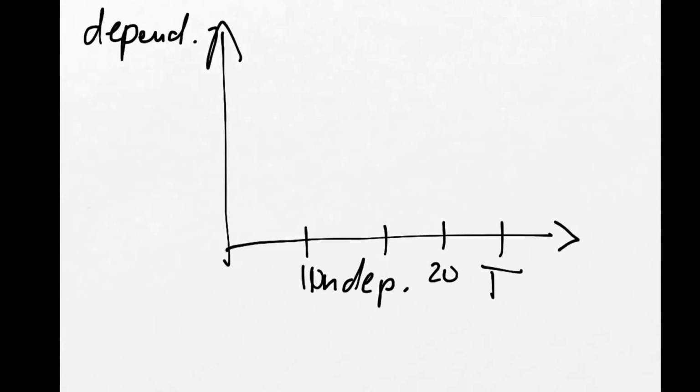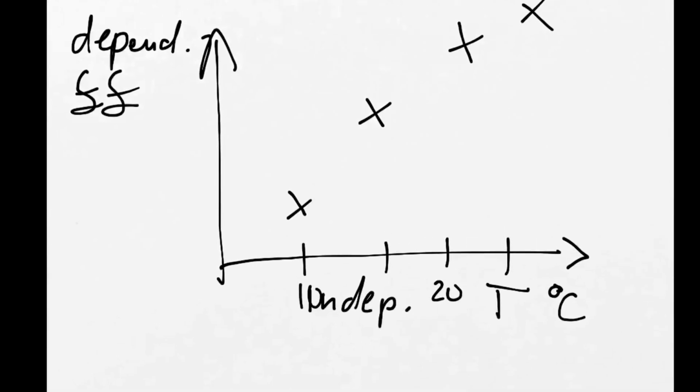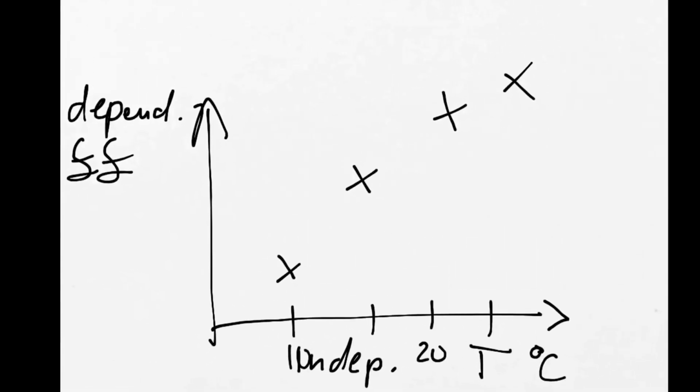And as the dependent variable, we would use the sale of ice cream. What we would find is something probably like this. Yeah? Temperature in degrees centigrade. We would see something like that.